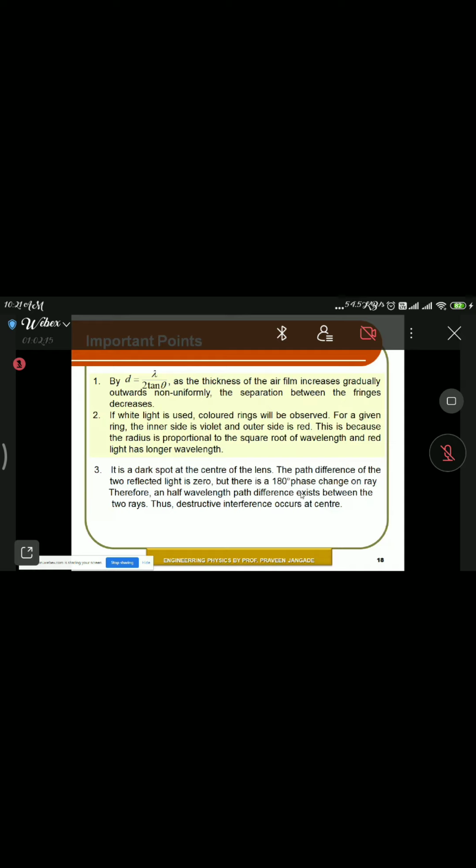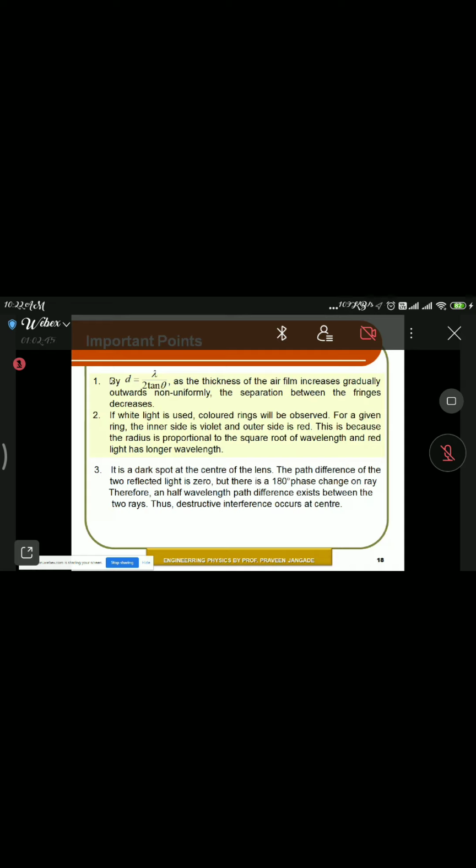By d equals lambda upon 2 tan theta: as the thickness of the air film increases gradually outwards non-uniformly, the separation between the fringes decreases. You can see what the statement mentions here. By d equals lambda upon 2 tan theta, d is your fringe spacing, lambda is the monochromatic wavelength, and tan theta, where theta doesn't remain constant.